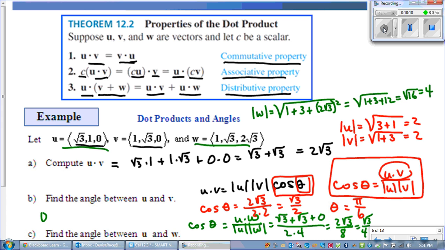So that means that theta is equal to inverse cosine of the square root of 3 over 4, which in radian mode would be approximately 1.12, which is also approximately 64.3 degrees.